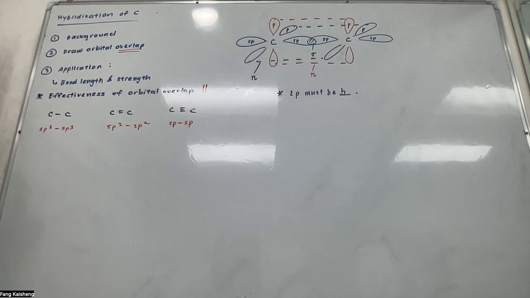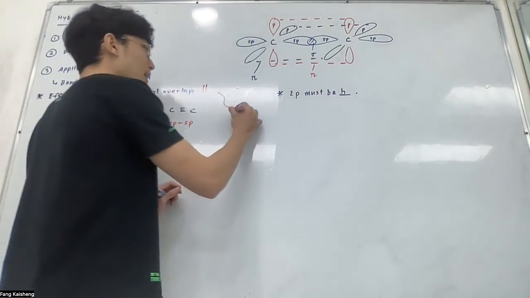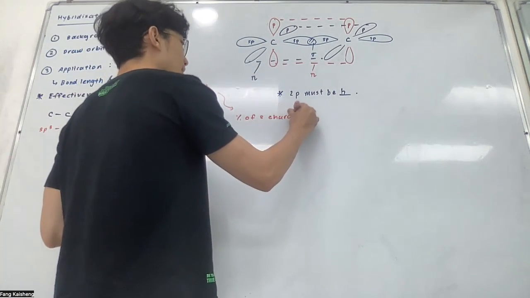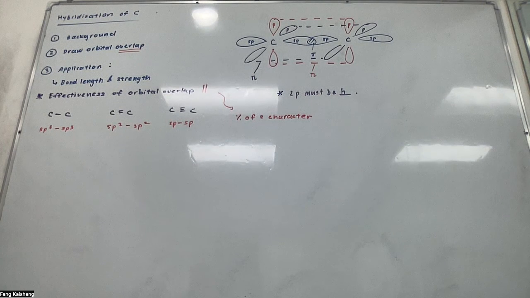Just take note, this is dependent on a very unique thing that we have to look at, the percentage of s character. Now, you don't really need to know why exactly, but what do I mean by percentage of s? It's just math. Out of all the alphabets here, how many of the alphabets are letter s?